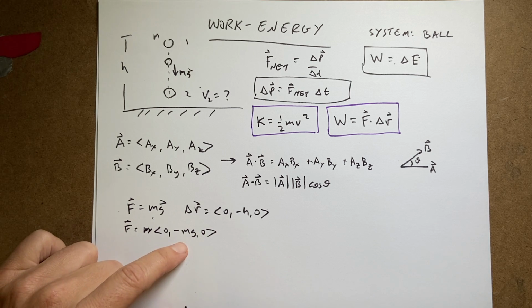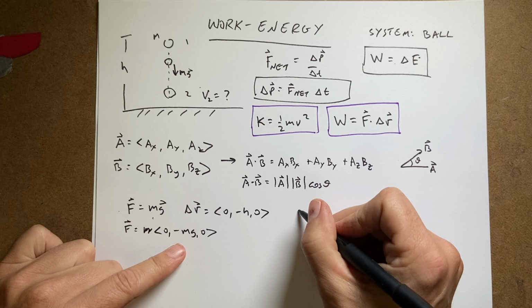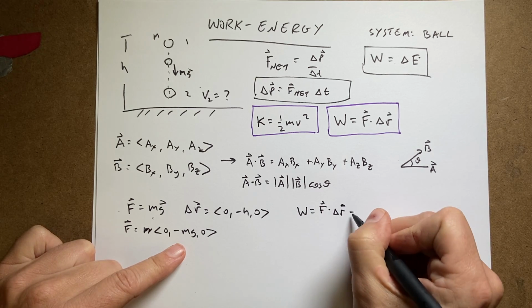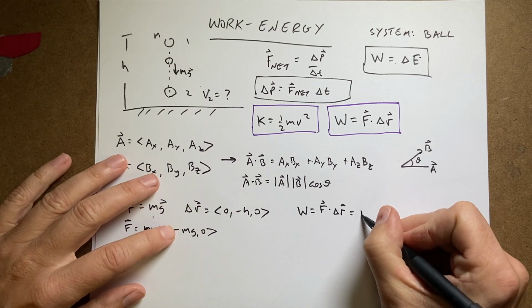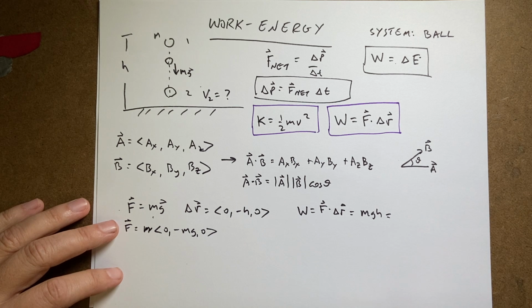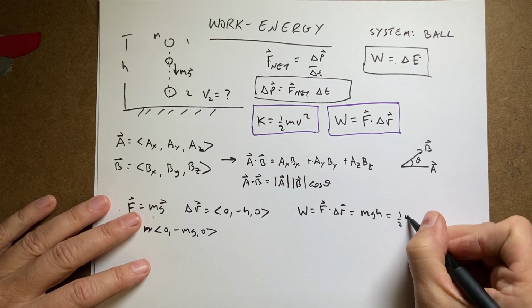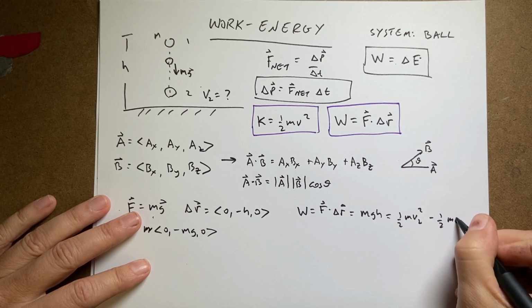Because the y component of the force is negative mg. So then work equals F dot delta R. So it's going to be 0 times 0 plus negative h times negative mg, so I get mgh, plus 0 times 0. And that's going to be equal to the change in kinetic energy, which is K final, which is 1/2 mv2 squared minus the initial 1/2 m0 squared.